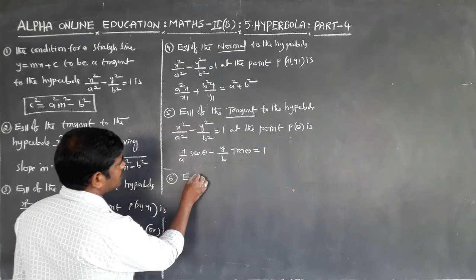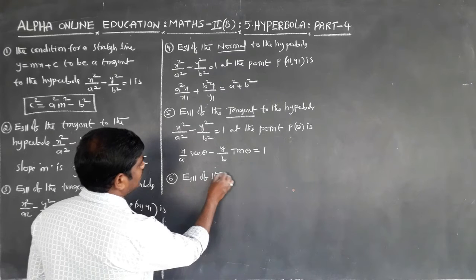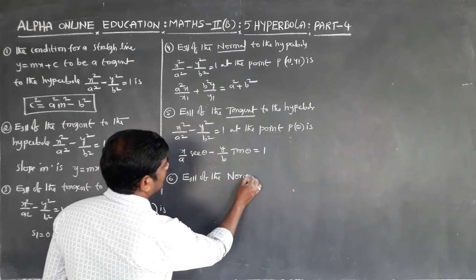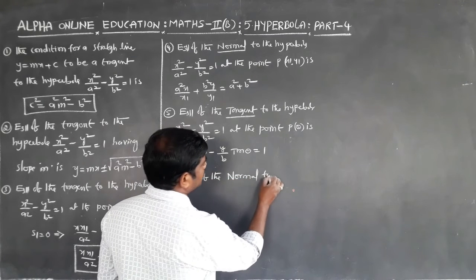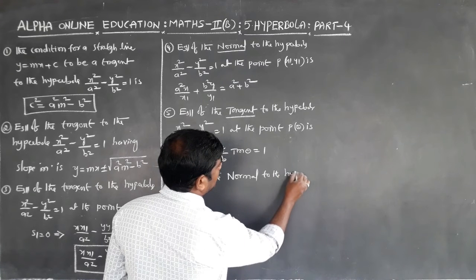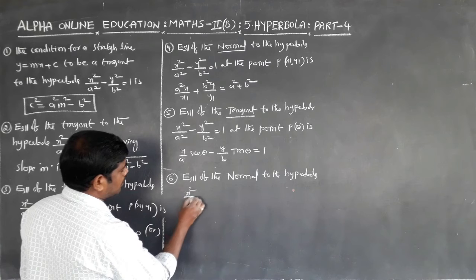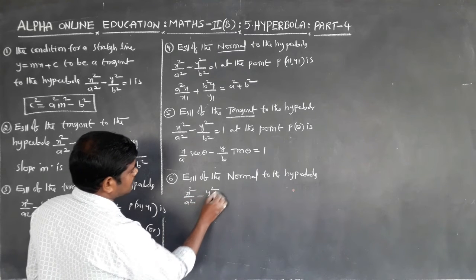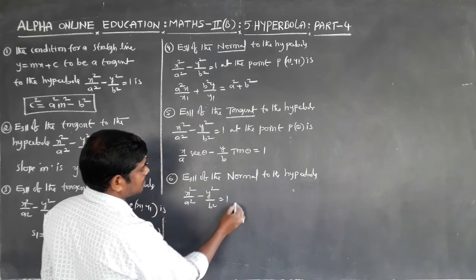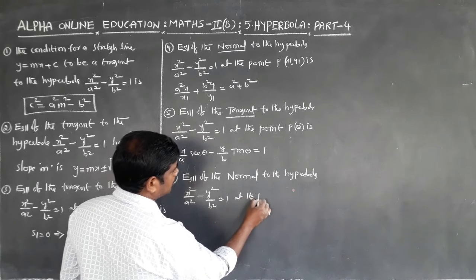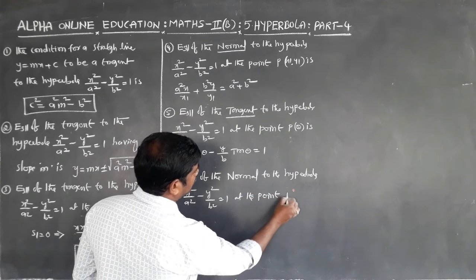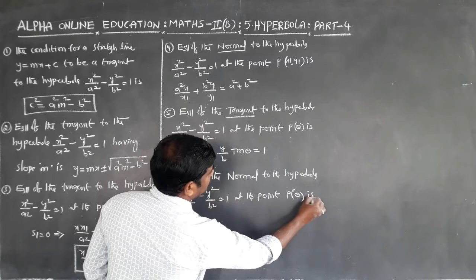Next one is equation of the normal to the hyperbola x square by a square minus y square by b square equal to 1 at the point P of theta.